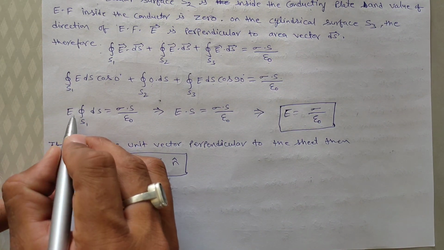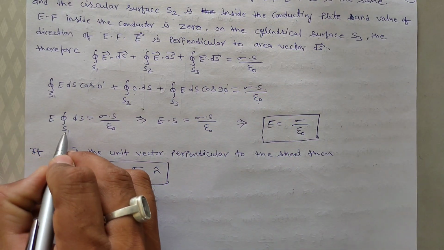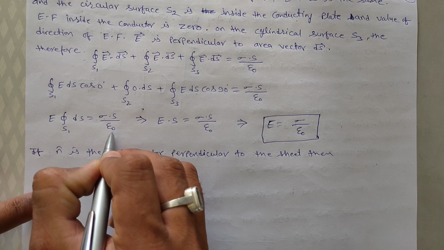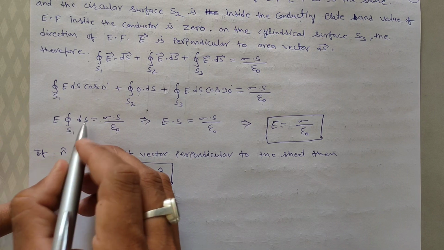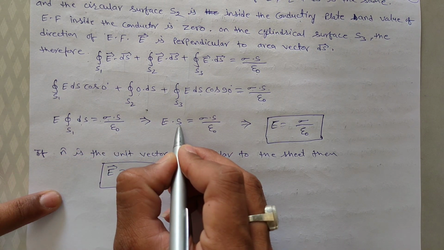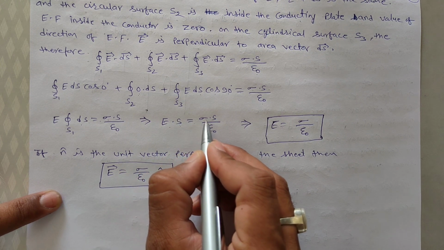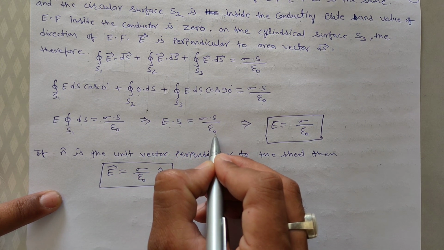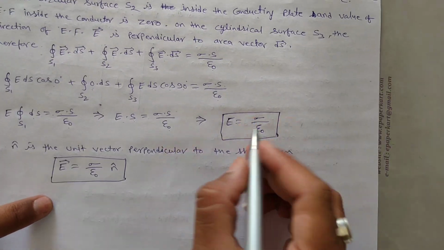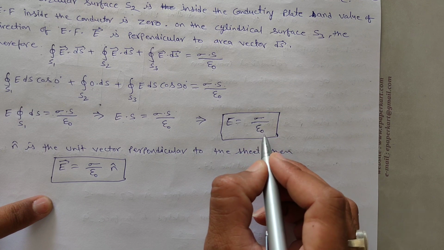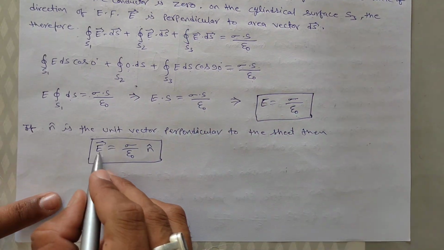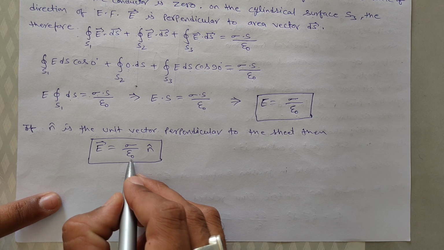So E closed integral for S1 dS equals sigma into S upon epsilon naught. We solve: closed integral for S1 dS1 is equal to S, so E into S equals sigma into S upon epsilon naught. S and S cancel out, so E equals sigma upon epsilon naught. In vector form, E vector equals sigma upon epsilon naught n cap.